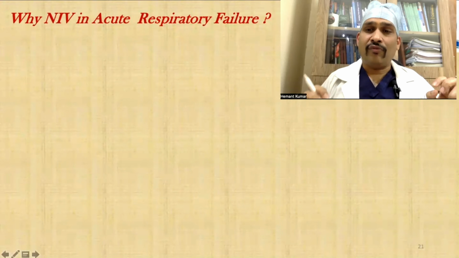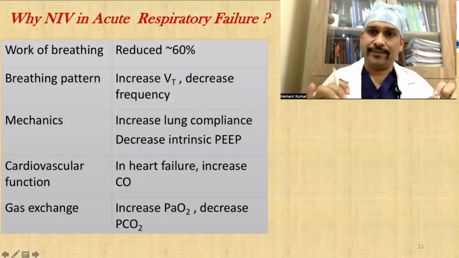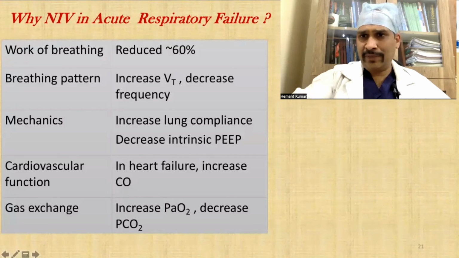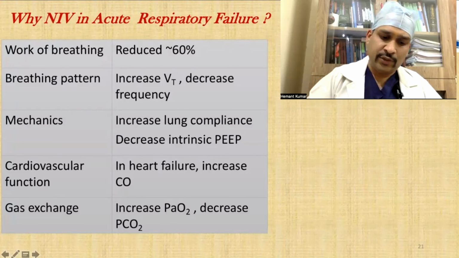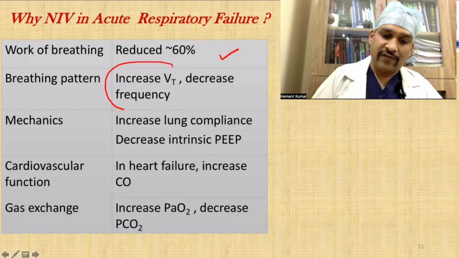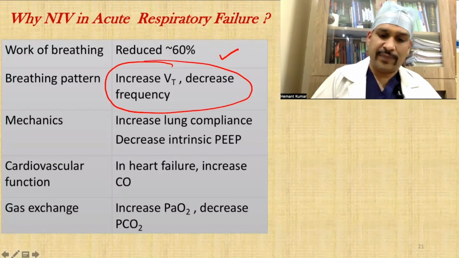Now, why should we use NIV in acute respiratory failure? This is just a summary of what I have told so far. It reduces work of breathing by 60% and increases tidal volume. When tidal volume increases, there will be relief of tachypnea, meaning decreased respiratory rate.